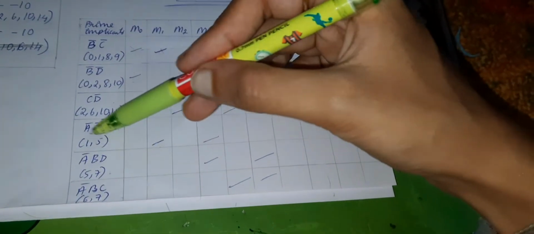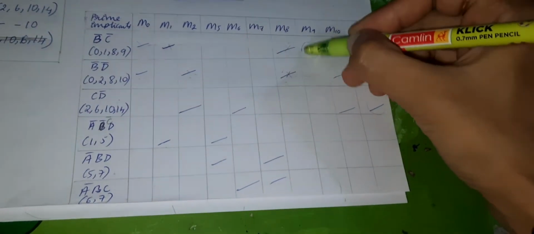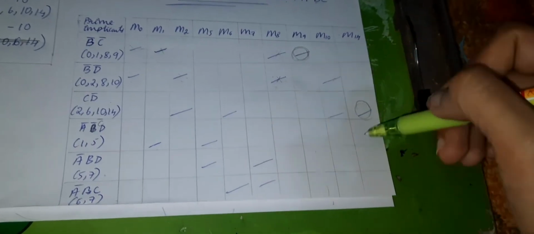So after completing this, ticking those positions that contain these numbers here, look for that column which only has one tick mark. So when you look at this column here, you have one tick mark, one tick mark. There is no other tick marks in these columns. So consider those. And now then cut off this like this.